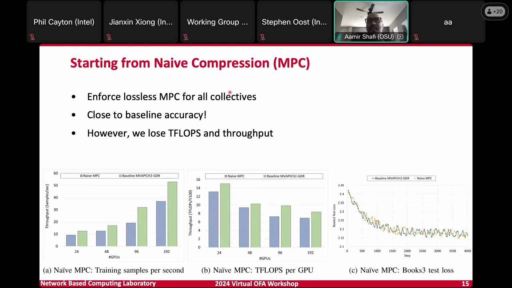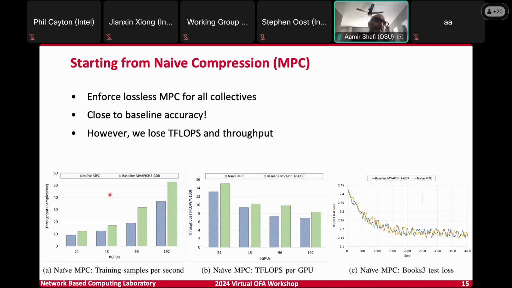And then on the other side, the other extreme is to use lossless compression. Since there is going to be no loss in accuracy, we should be able to get exactly the same performance as the baseline, and as you can see in this accuracy loss, that is actually true.